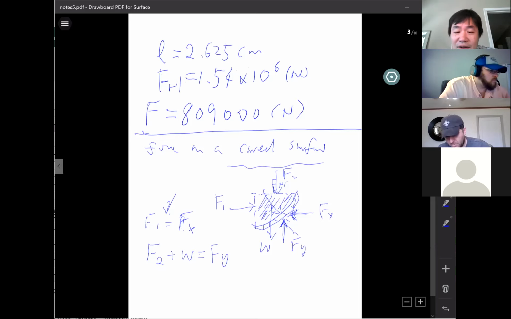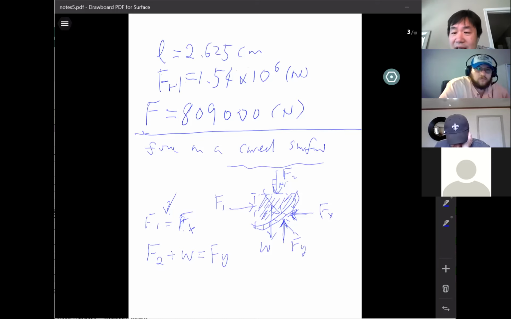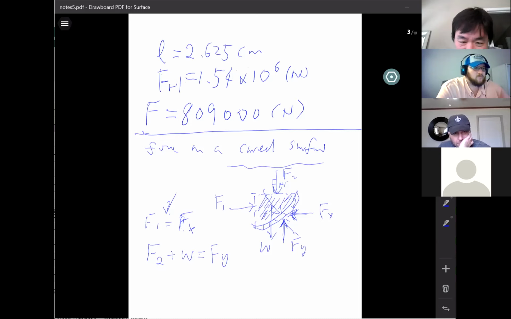Volume times gamma is W. I want you to remember some of these equations. Gamma times volume. In reality, for a surface like this, you can even measure the volume. If it's a bowl shape, for example, you can fill it with water and see what the volume of water is. So you can find some independent ways to find the volume of this chunk of fluid.